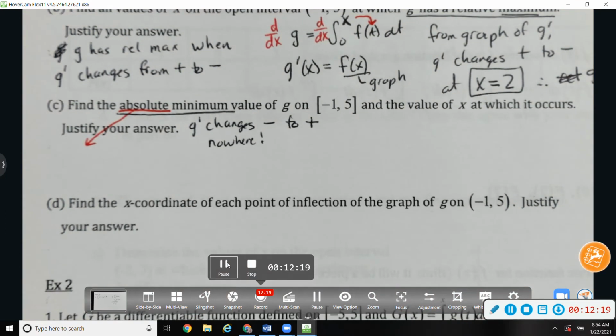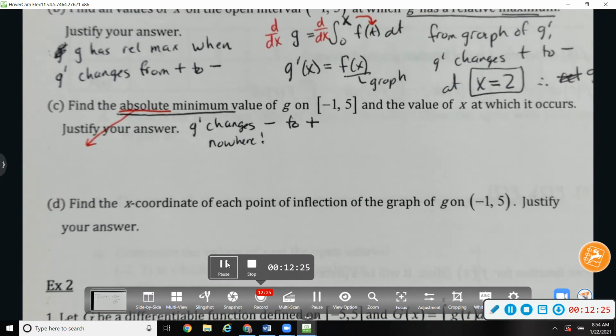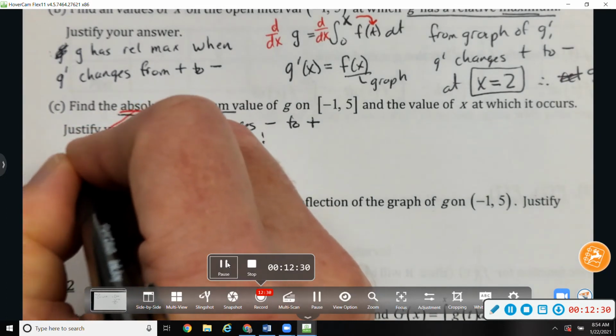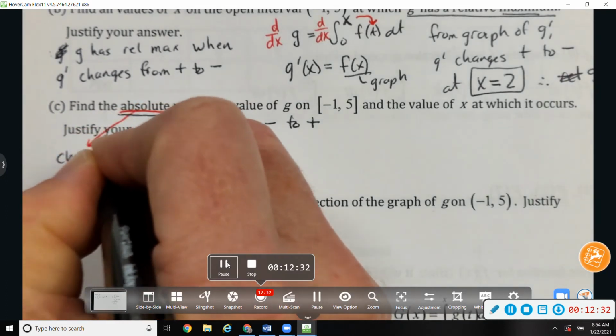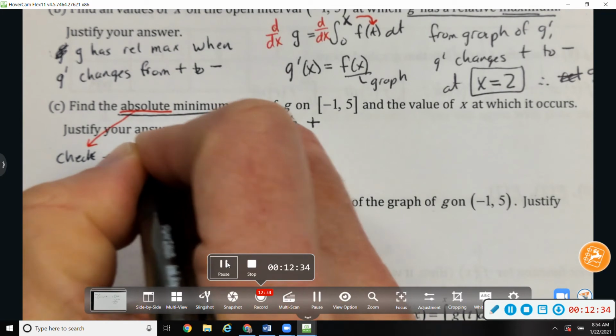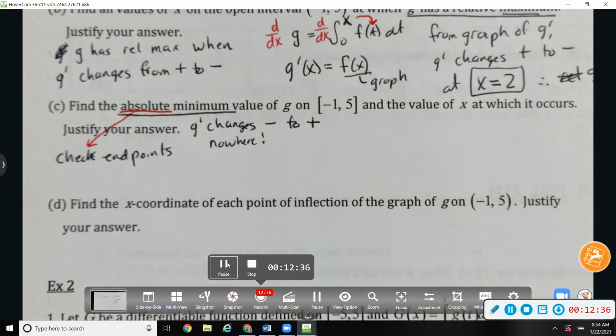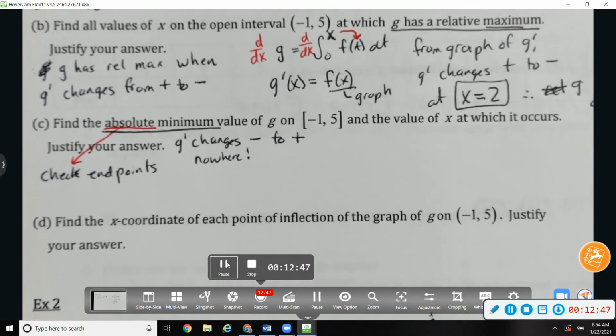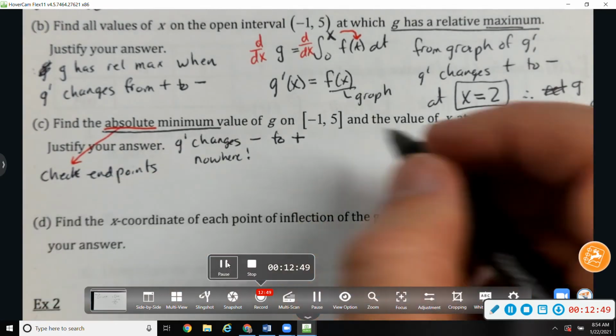Maybe that reminds us that if we're looking for the absolute minimum, there aren't any relative minimums. So what do I have to check? When it says absolute, that's the reminder to check the endpoints. So find the relative minimums, but also check the endpoints. This one was nice enough to not have any relative minimums. So I'll check the endpoints.